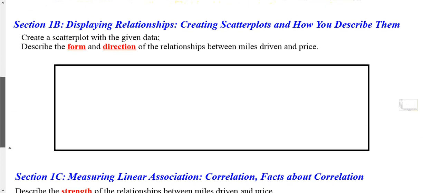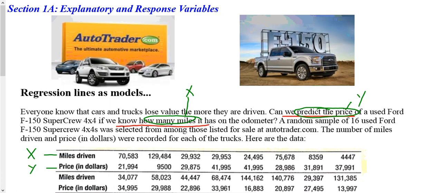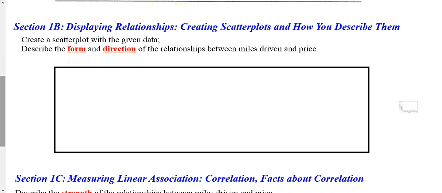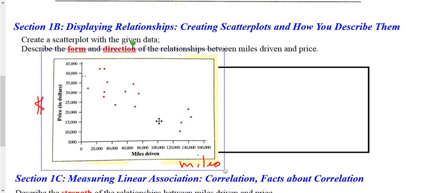So if you go down to the graphing of it, you would put dollar amount on the y-axis and miles on the x-axis. Now, for efficiency's sake, this has already been graphed, and we would have used StatKey for this.